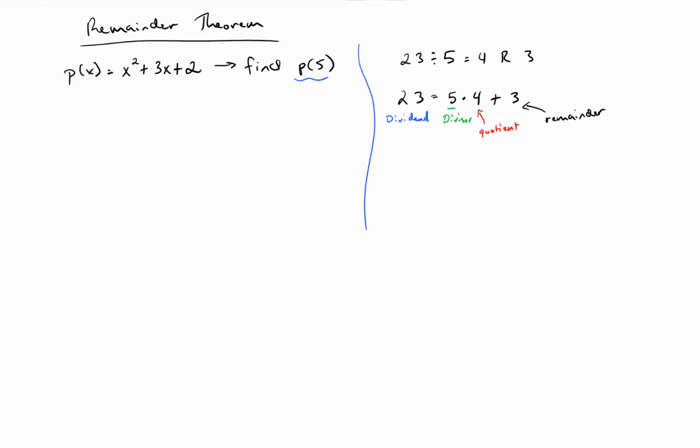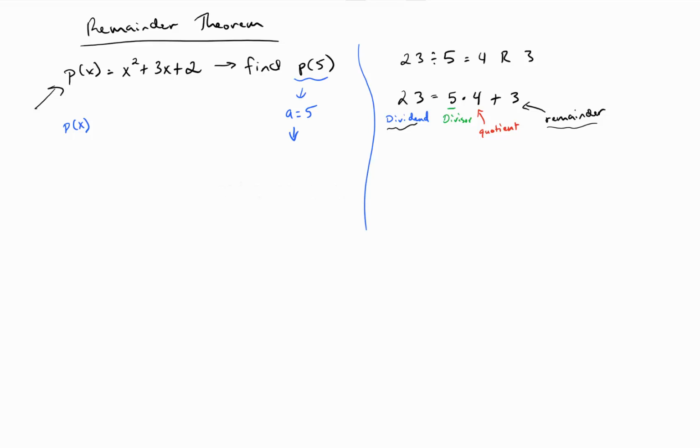Well, what we're going to do now is set up a division problem that allows us to relate the dividend to the remainder. Okay, so in this case, we're going to take p of x, and well, this is basically saying, I'm going to call it a, that a is equal to 5 here.